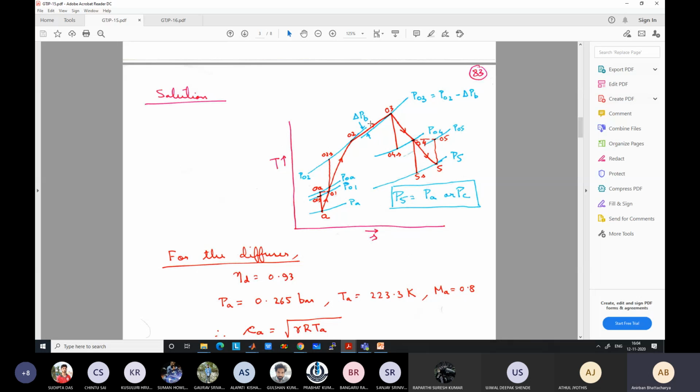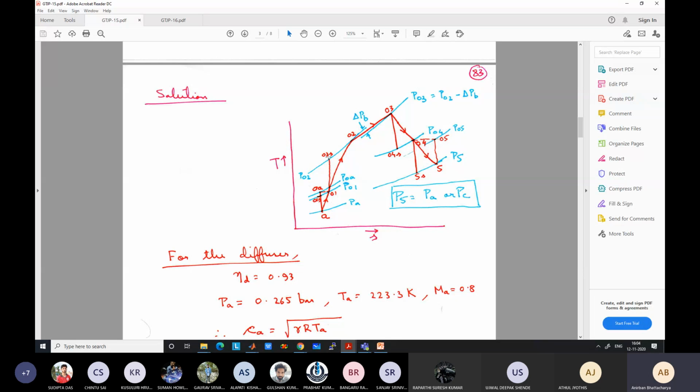We have discussed this multiple times in the beginning of the course. Higher at higher temperature, because the constant pressure lines are diverging, right?